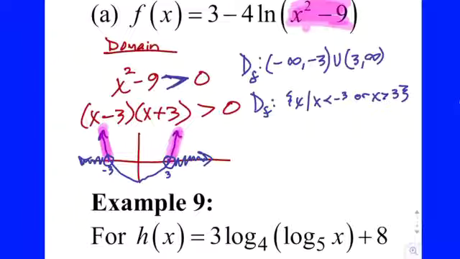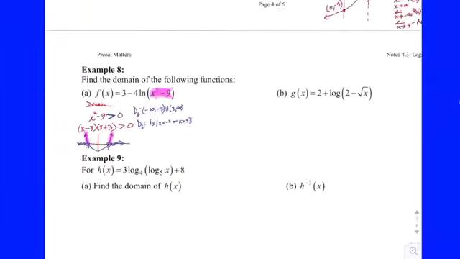Okay? We did that a lot earlier, so it shouldn't be like, wow, I learned something today. It's like, oh, wow, I get to reuse my old knowledge. That's good. The only difference is, again, they're open circles because we don't want it to equal 0. With square roots, we can take the square root of 0. We can't take the log of 0, right? So they're open parentheses or strict inequalities. All right.